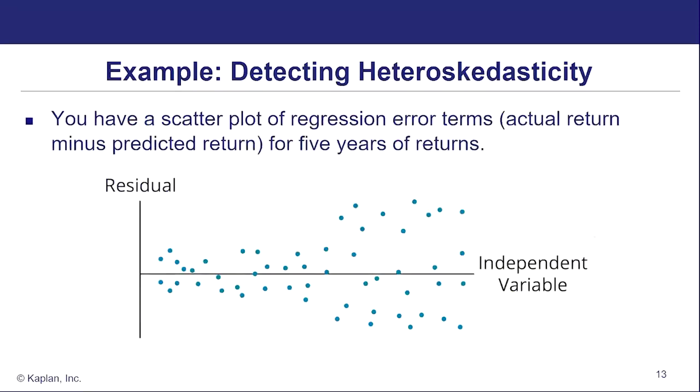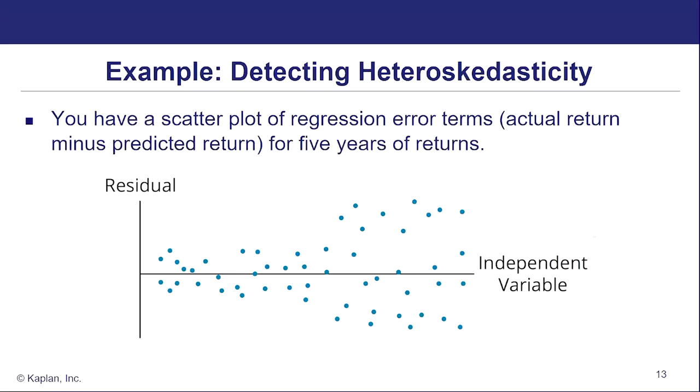So what you do is visually examine your residuals and plot them in relation to the independent variable, the x variable. What you want to see is that there should not be a systematic pattern here. The noise, the residual, should be randomly distributed around the x variable.